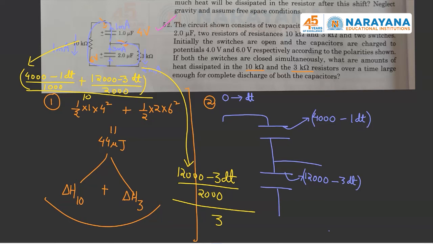Now observe it carefully. Initially it was 1 and 2. What I wanted to say is the ratio of current here and current here was 1:2. Now I've written the values after a dt time interval. I check the ratio once again.